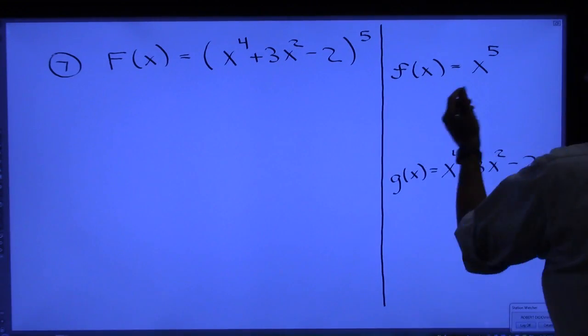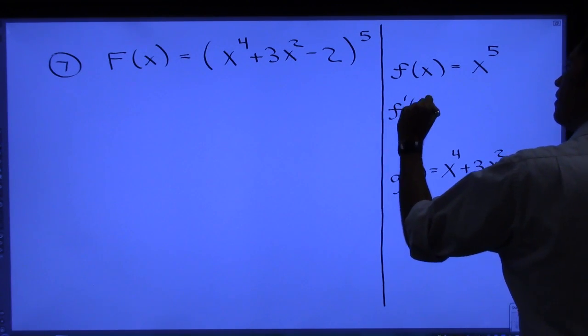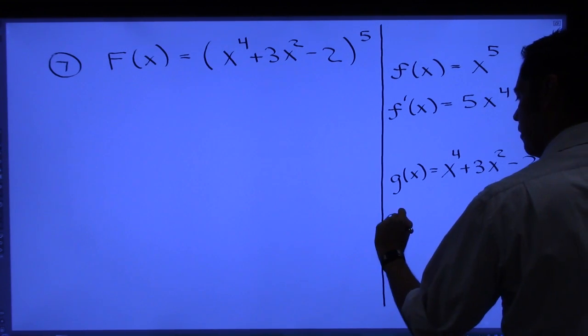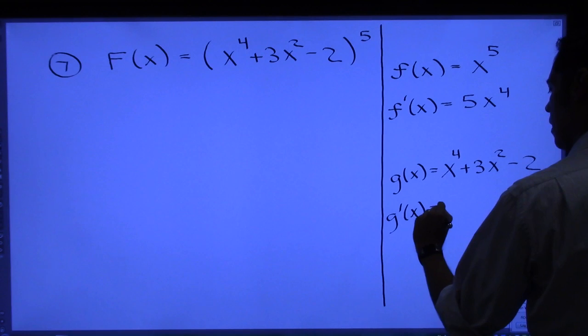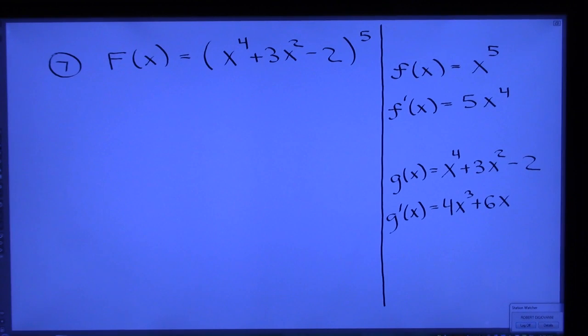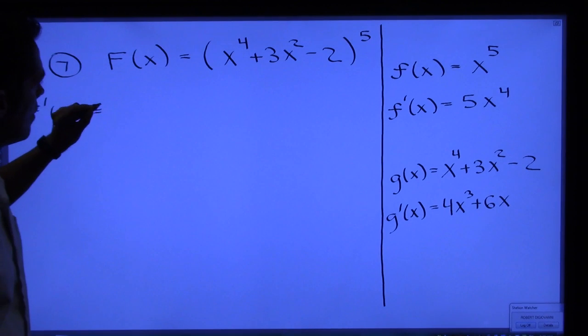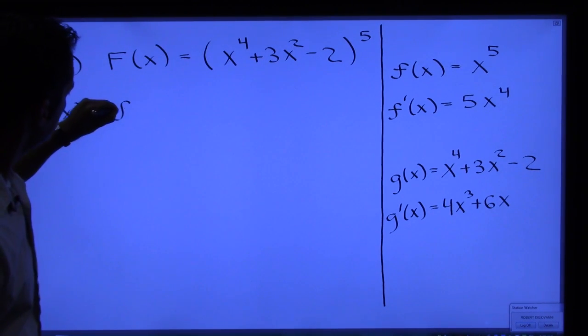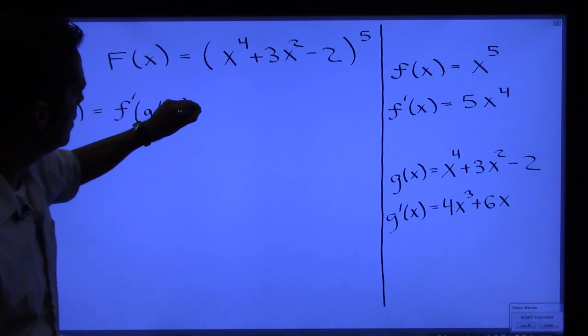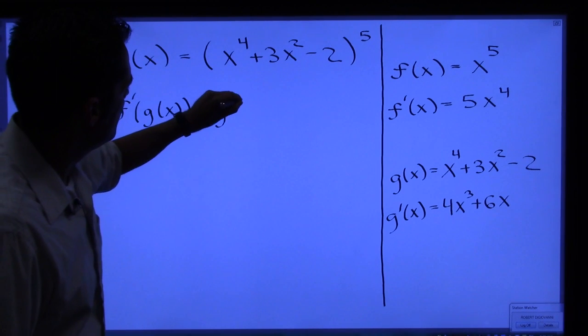All right, so let me find these derivatives real quick. The derivative of f is 5x to the 4th, and then the derivative of g is 4x cubed plus 6x. Now from here, I just apply the formula. The derivative of capital F of x will be equal to little f's derivative, that's the outer function, evaluated at g, so plug g into it, times the derivative of g.